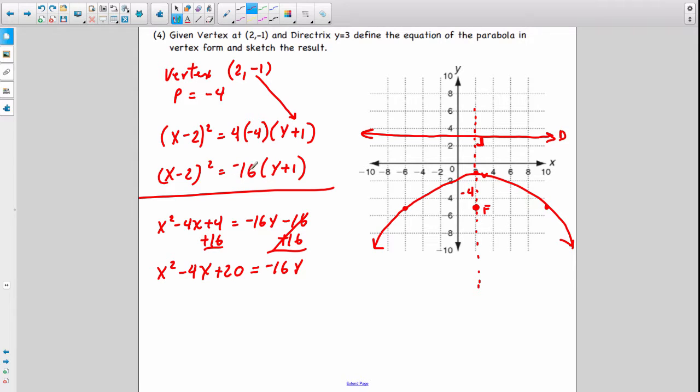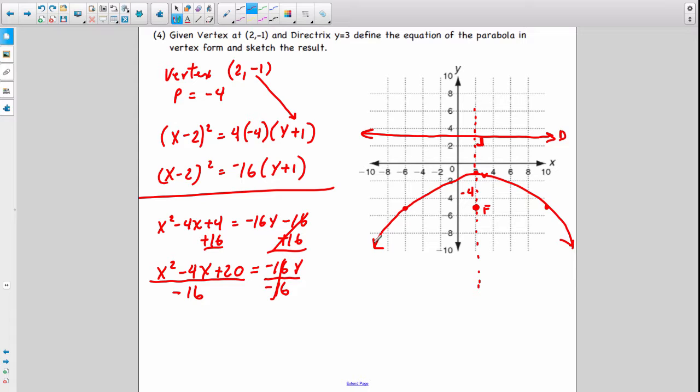And as you can see in standard form, you've got to divide this away, right? But look, now you're dividing by a negative. So what does that do? It makes the coefficient of my x^2 negative. And you already knew walking into this video that a negative x^2 opens down. So that's the tie-in with the p.